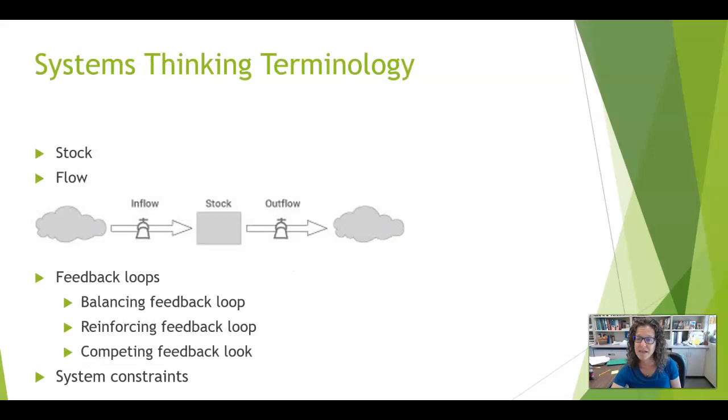Let's look at some basic terminology in systems thinking. In systems thinking, we will very often use stock and flow diagrams or stock and flow models, as well as behavior over time graphs, to help us make systems more visible, to understand systems better.